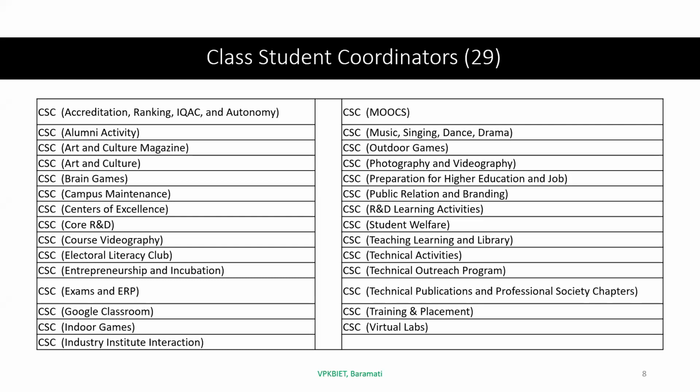and if any activity is left out, for example, we have a technical outreach program. What is this? Our students will go to different schools and teach them the technologies, Python, maybe 3D printing, maybe drones, to school children, and encourage them to come to engineering or take this kind of activities, projects in their schools.